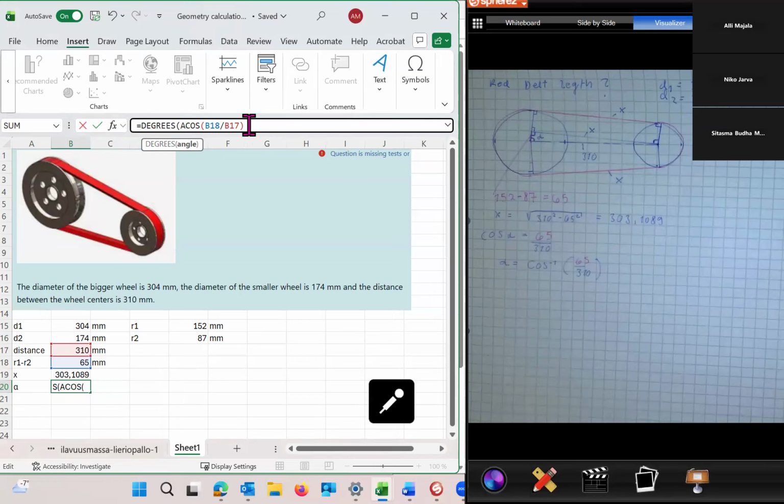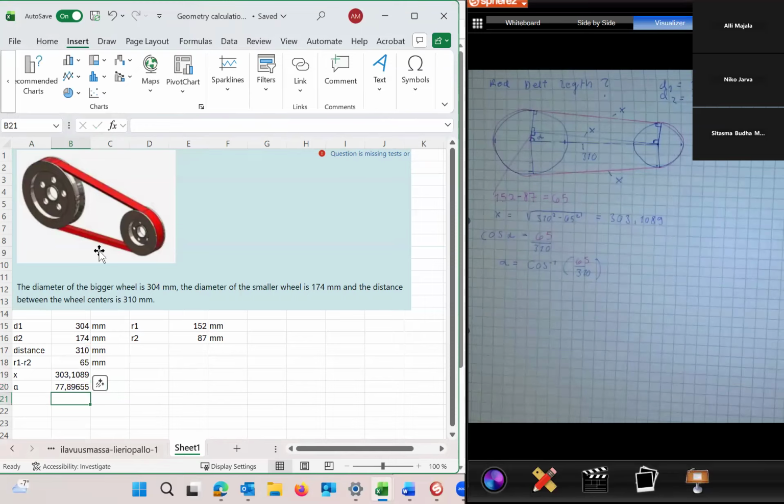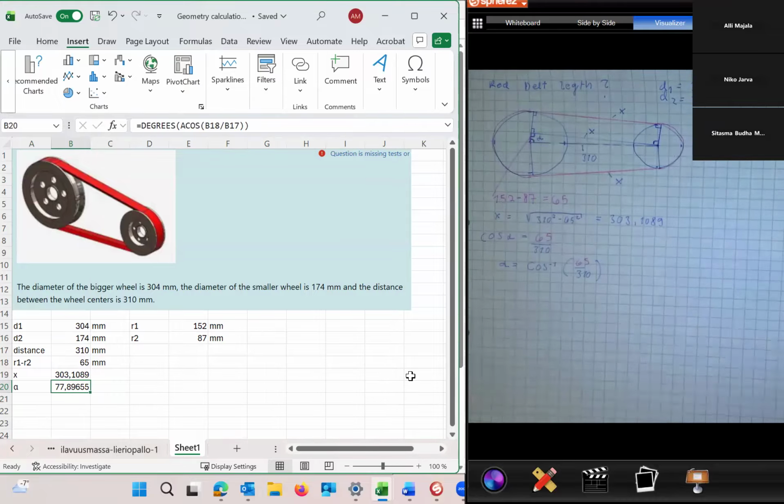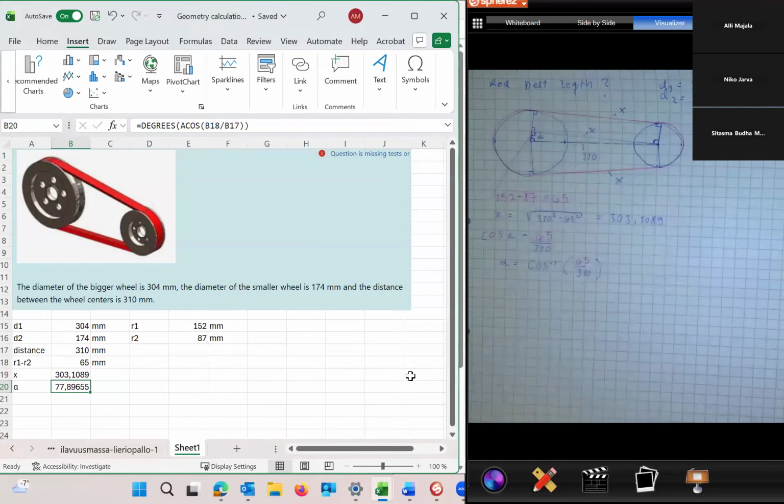I already have here one bracket. Does this look complicated? Did you ever do something like this with Excel? Inverting degrees radians. Yes, with Jaakko. But we did degrees, the radians, and back to degrees, and it always confused me.